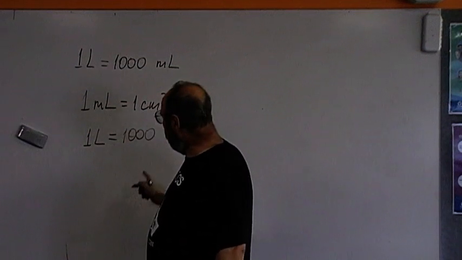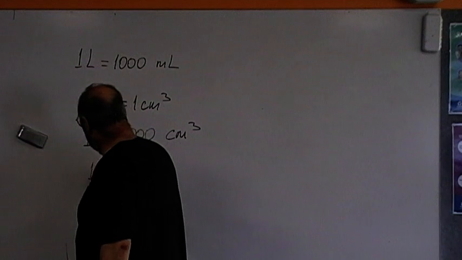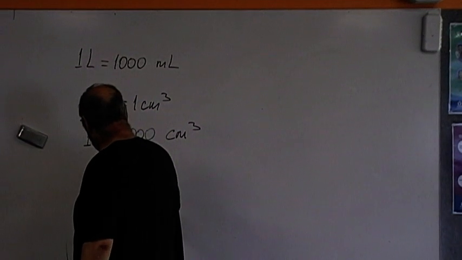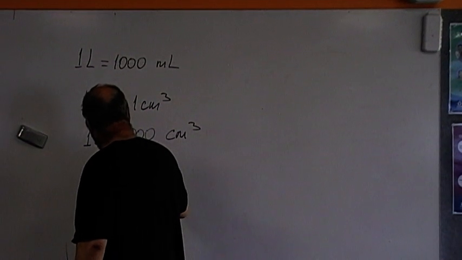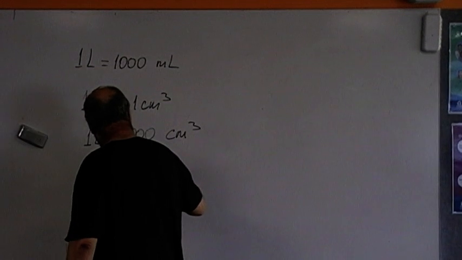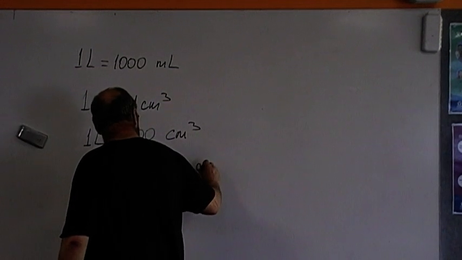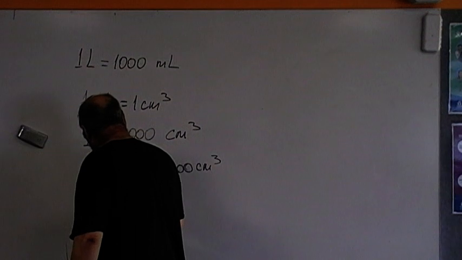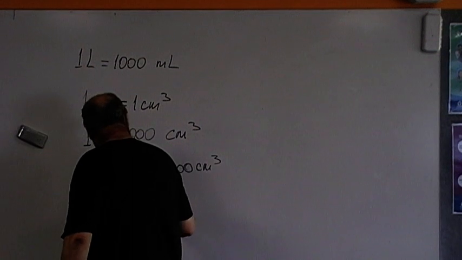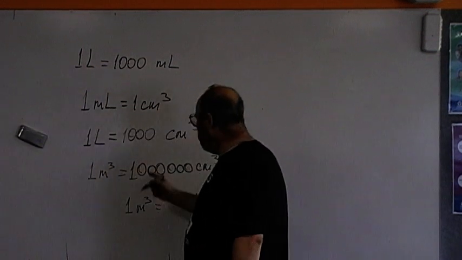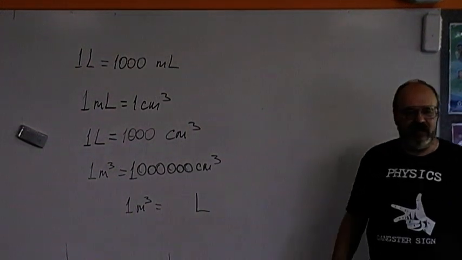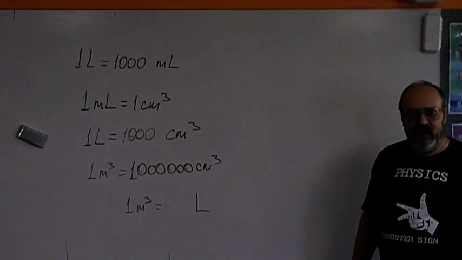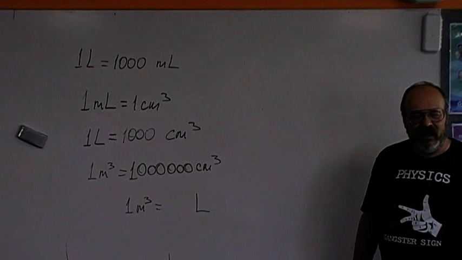Now, 1 cubic meter, we just talked about, is 1 million cubic centimeters. How many liters will be in 1 cubic meter? Divide by 1,000, which is take away 3 zeros.